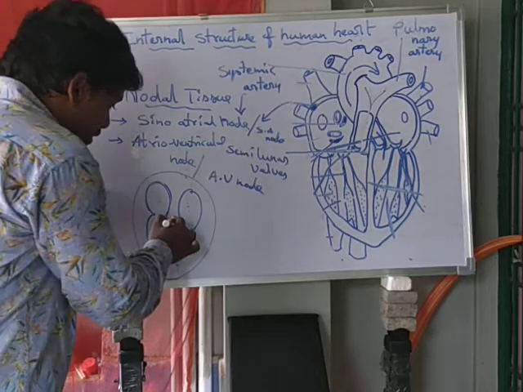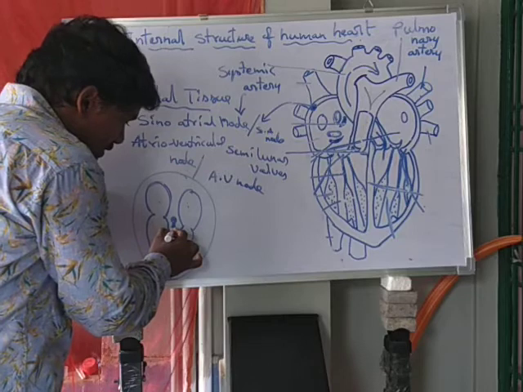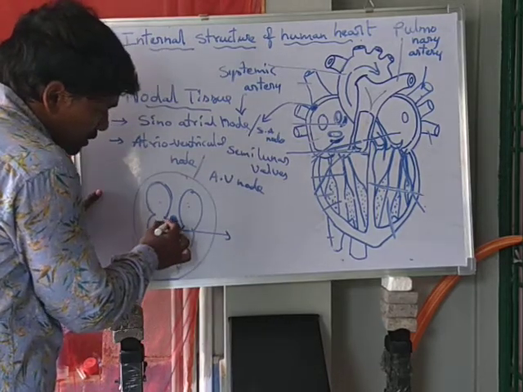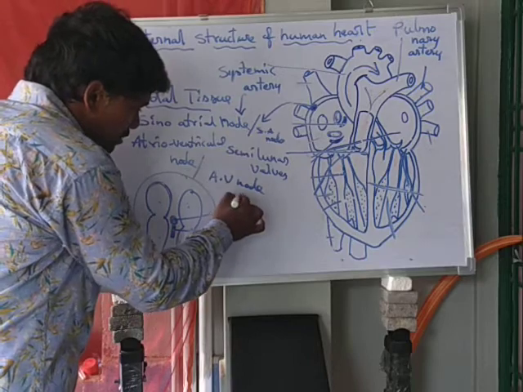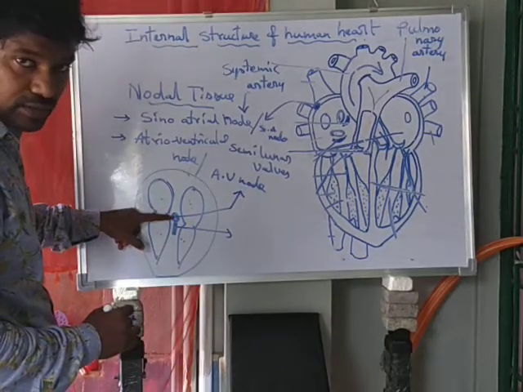And these are the bundle of fibers which are connected with the AV node. This one is the AV node, the atrioventricular node.